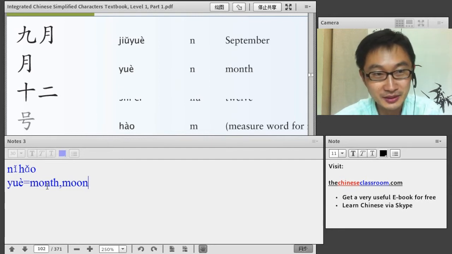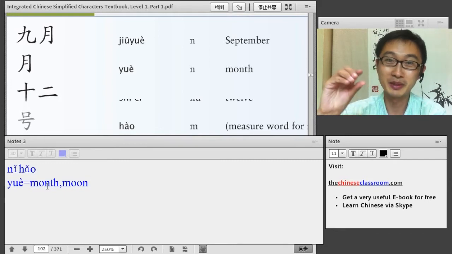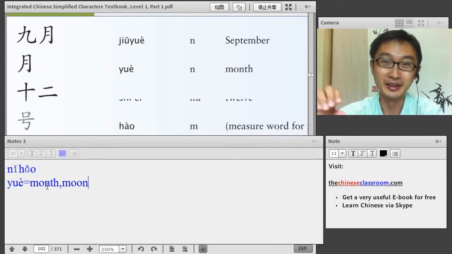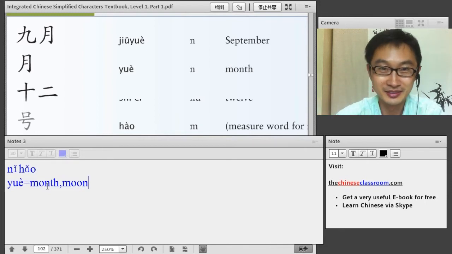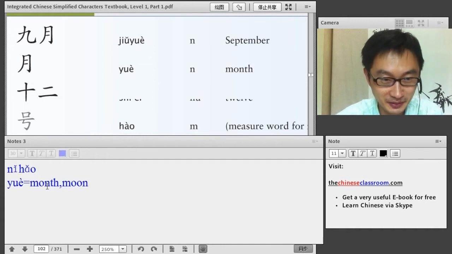In Chinese, saying January to December is very easy. You just put a number. January we say 1月, the first month. Then 2月, the second month, this is February, and October is the 10th month, 10月. Okay, so that's very easy.